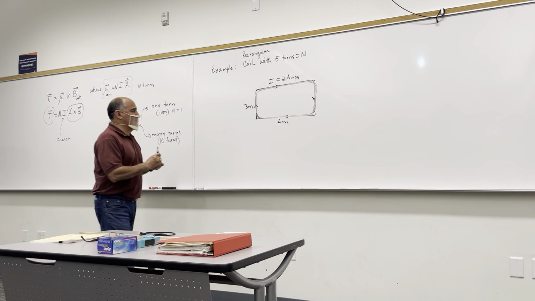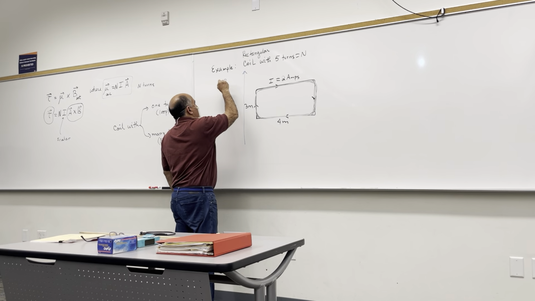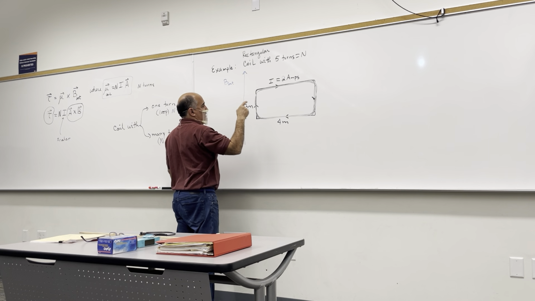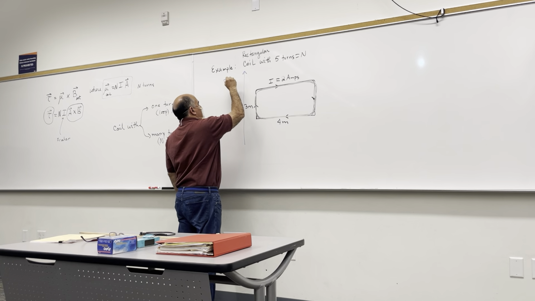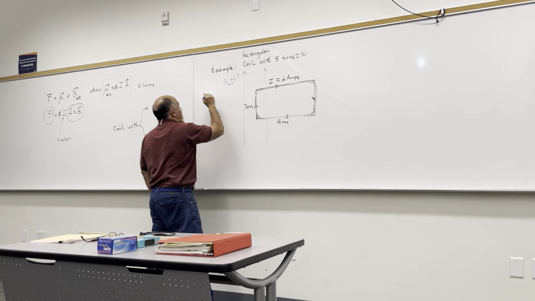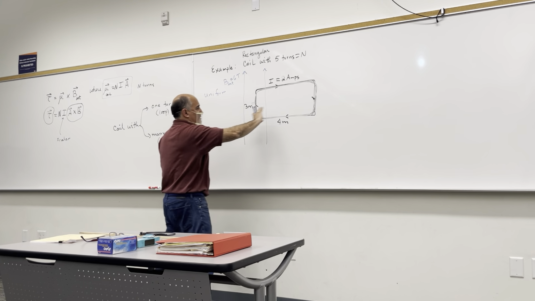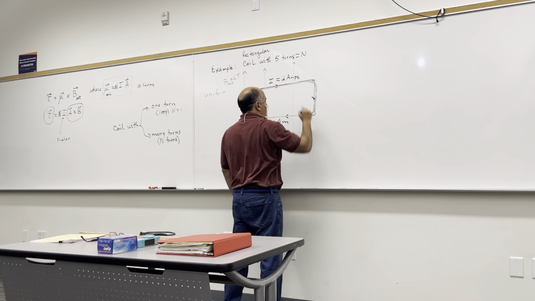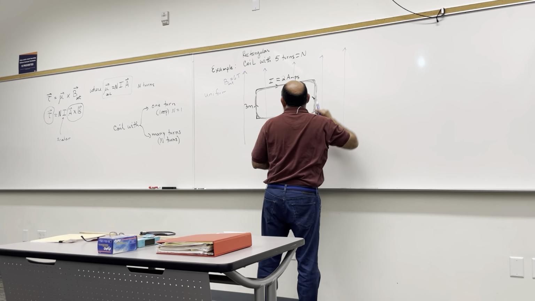I heard up first, so up it is. And let's make that external magnetic field 6 Teslas. So this is a uniform external magnetic field. Uniform means the same everywhere in this region of space. Up, up, up. Okay? That's B external.